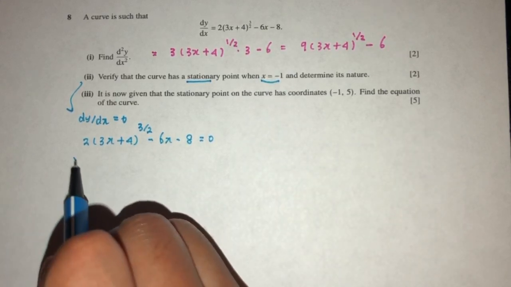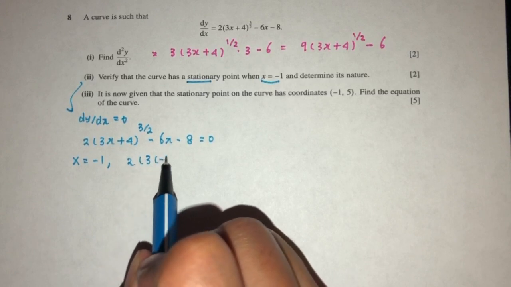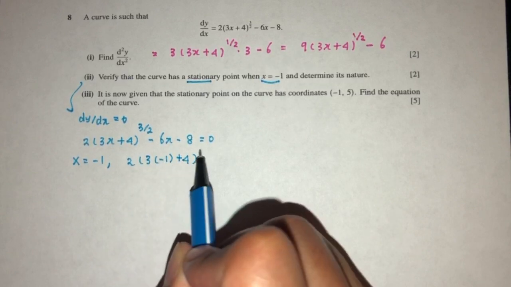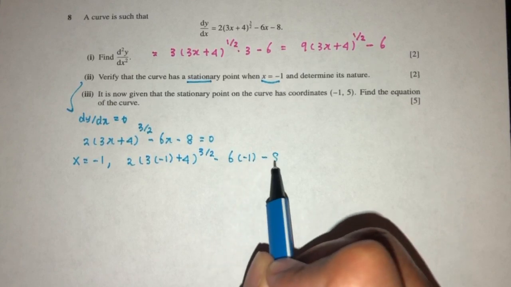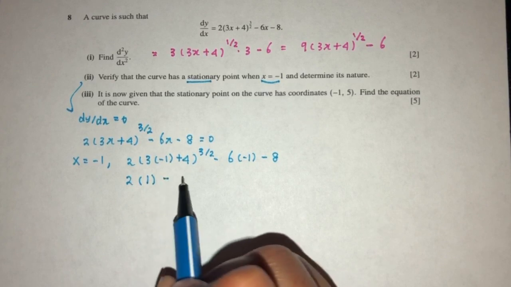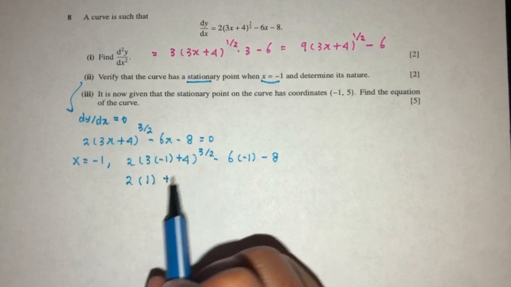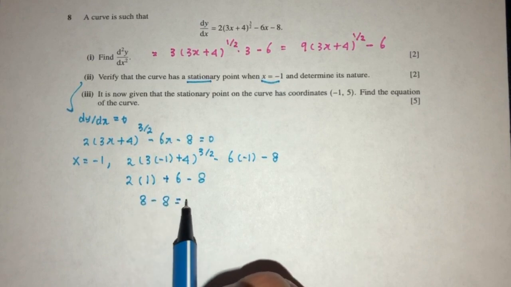For example, when x equals minus 1, what happens? You have 2, 3 times minus 1 plus 4, 3 over 2, minus 6 times minus 1, minus 8. That should be 2, and that should be 1, plus 6, actually, minus 8. That should be 8 minus 8 equal to 0.